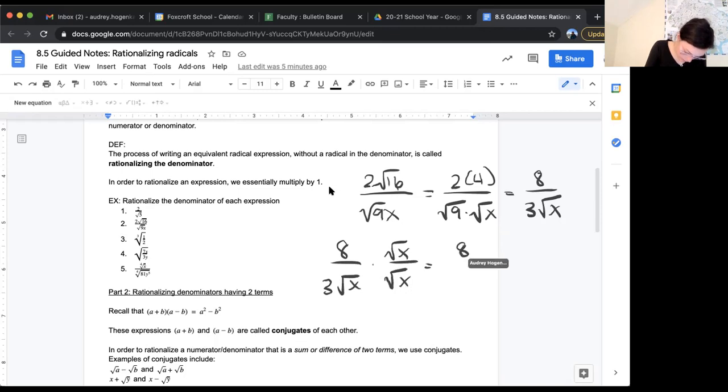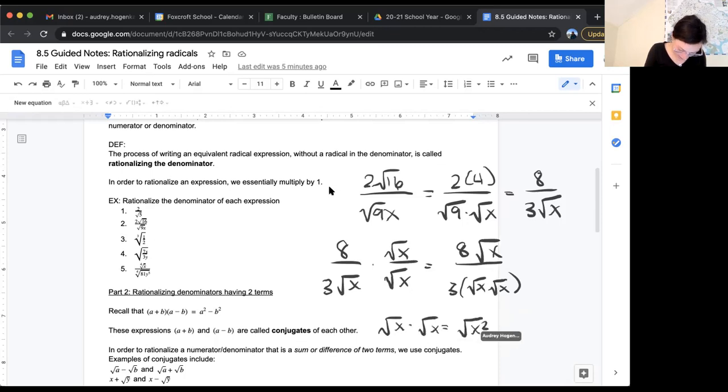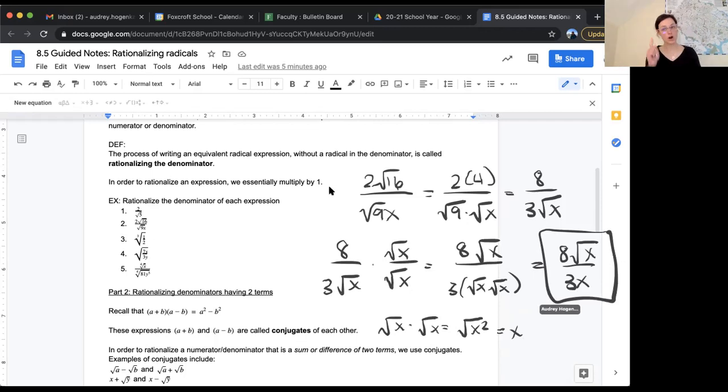That gives me 8 square root of x over 3 square root of x times square root of x. I know that square root of x times square root of x is equal to square root of x squared, and that the square root of x squared is x. So my final answer would be 8 square root of x over 3x. And again, no radical in my denominator, just as I was hoping.